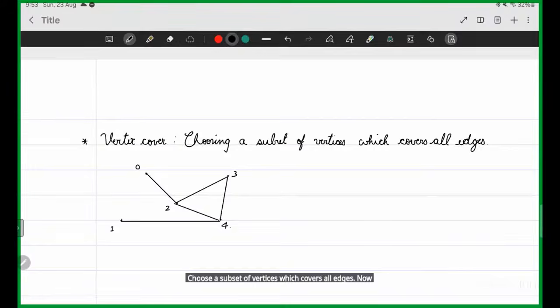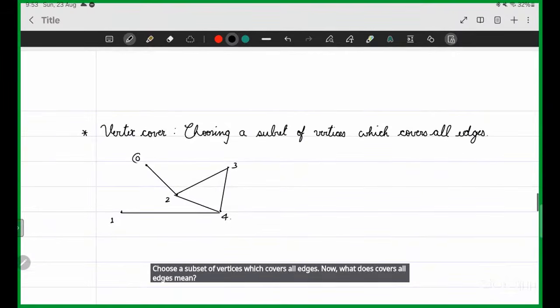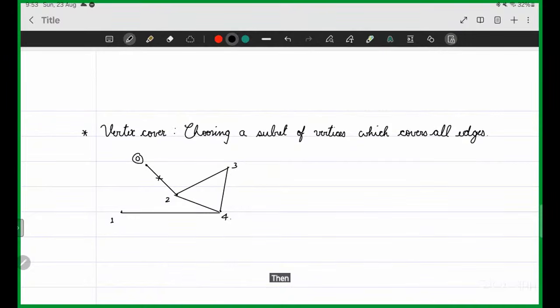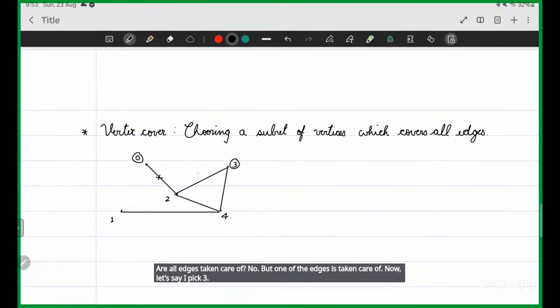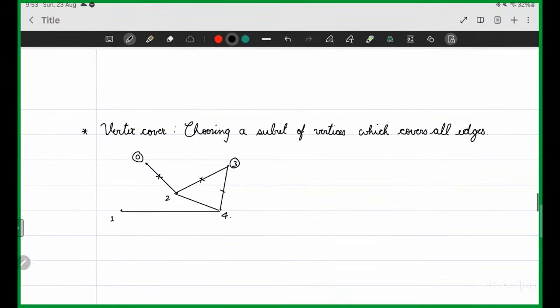Now, what does covers all edges mean? Suppose I choose vertex 0. Then this edge is taken care of. Are all edges taken care of? No, only one of the edges is taken care of. Now, let's say I pick 3. Let's go step by step. Once I took 0, the edge 0, 2 is gone.